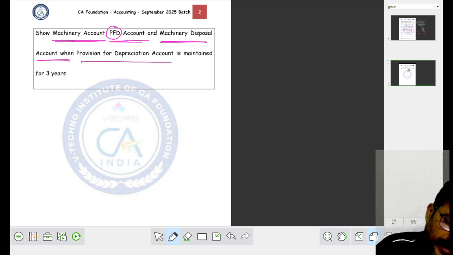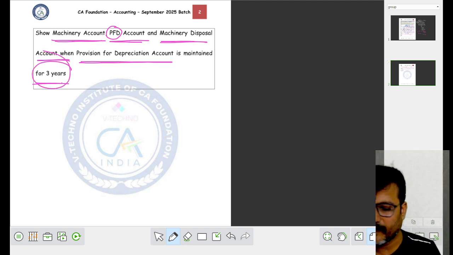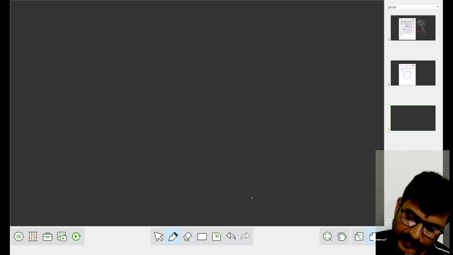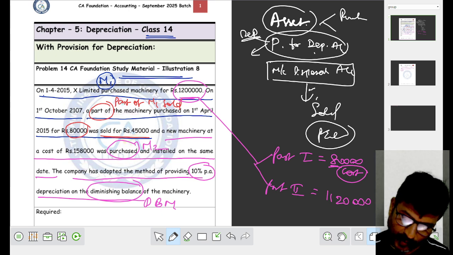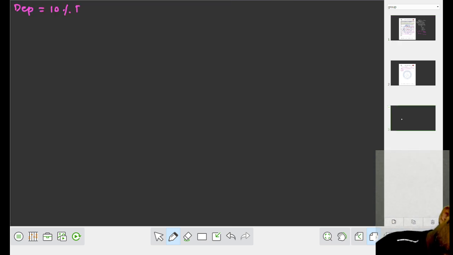Provision for depreciation is maintained for how many years? 3 years. Are you ready, my dear students? Shall we start? The first one, depreciation is how much? 10%, under the diminishing balance method.